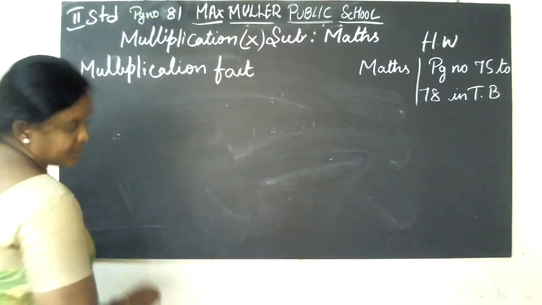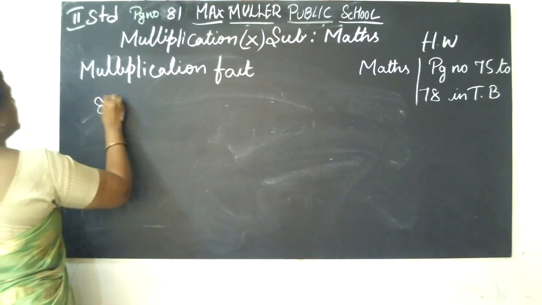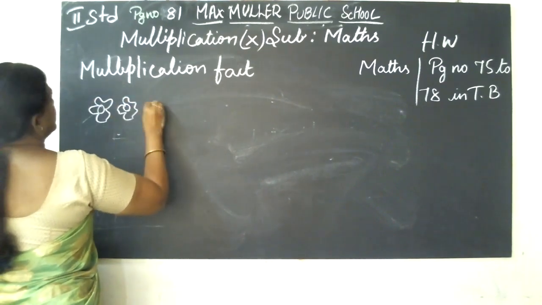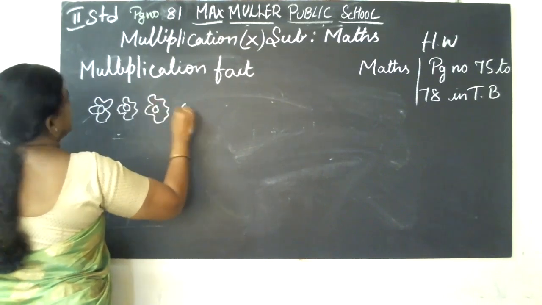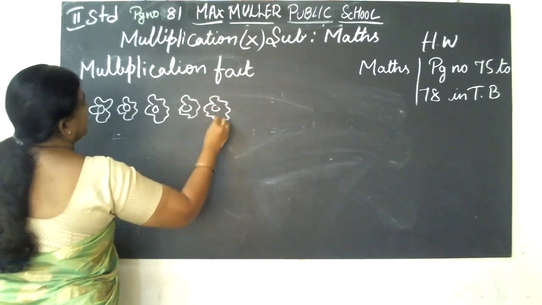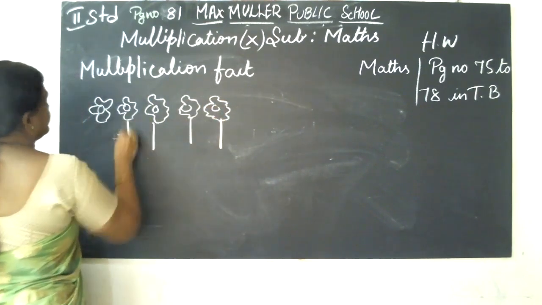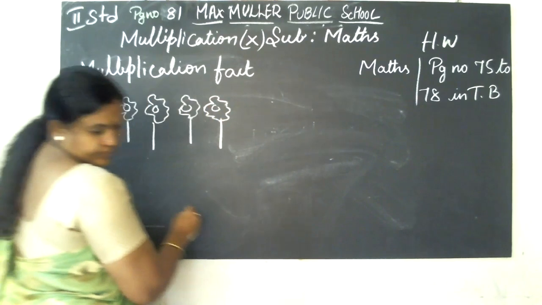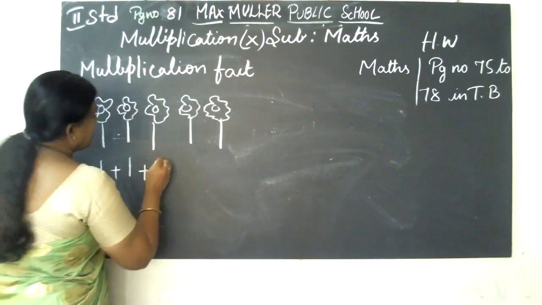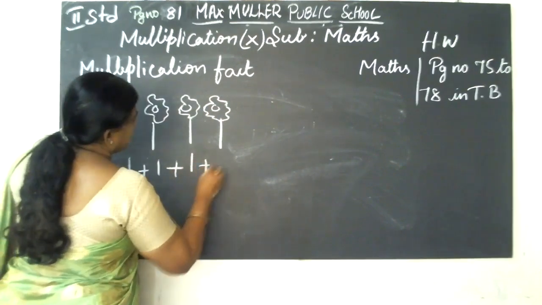Now see the flowers. See here, 1 plus 1, here 1, here 1, here 1.